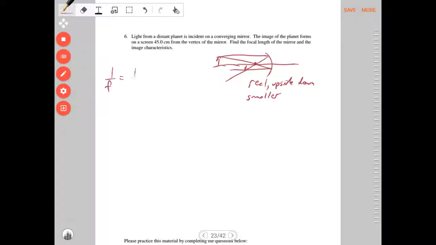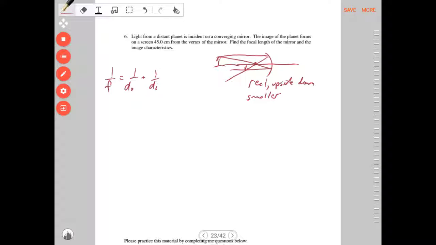So 1 over f equals 1 over do plus 1 over di. We don't know the focal length, and we don't know the do either. But we do know the di. The di is 45. Now, here's what I need you guys to consider, there's just an extra layer of thinking here. A distant planet.